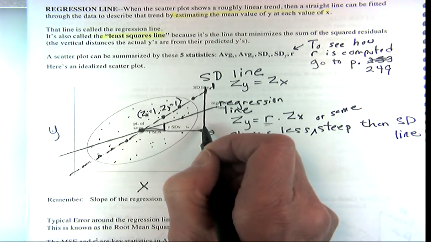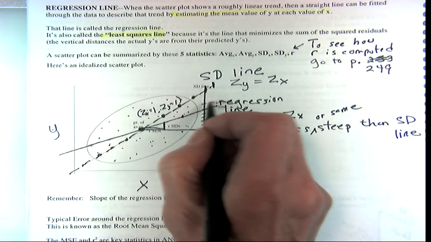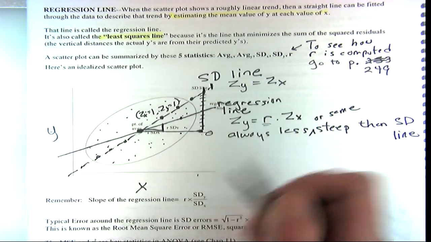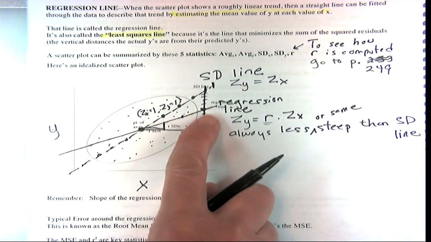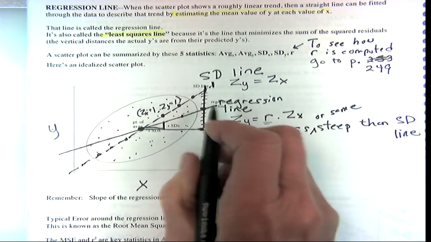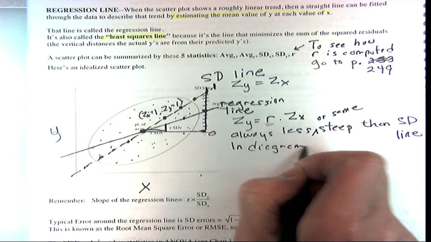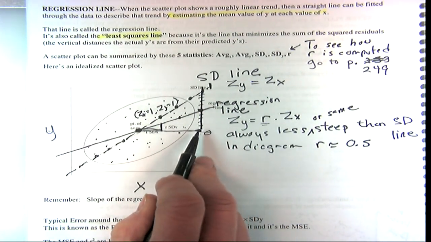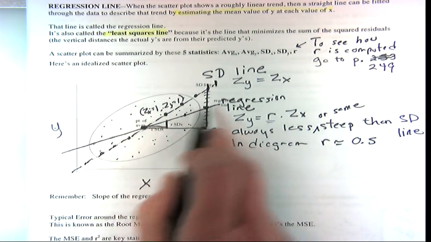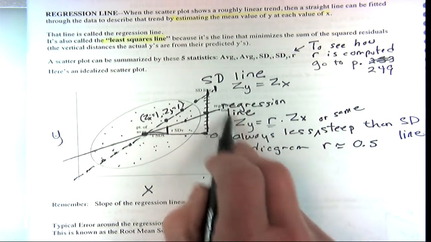We can mark it off: 0.1, 0.2, 0.3, 0.4, 0.5, 0.6, 0.7, 0.8, 0.9, etc. And this looks to me to be about 0.5. So in this diagram, r is approximately 0.5, because it's about half as steep. This line is half as steep as that one, if you measure the steepness grade.